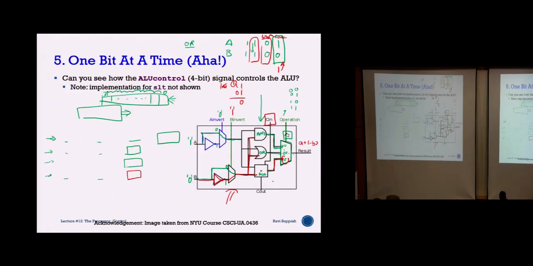Okay, so let me explain this again, in case you did not get the idea of the 1 bit ALU. What do we mean by 1 bit ALU? When we are talking about 32 bits, you treat this as a single unit.